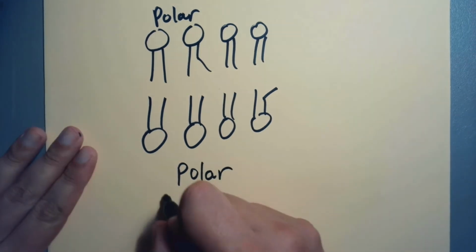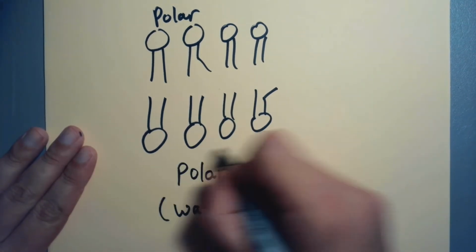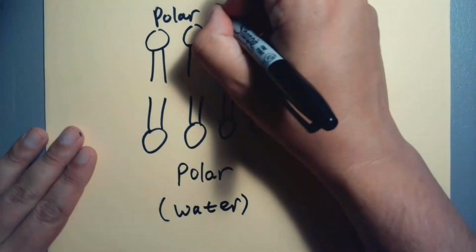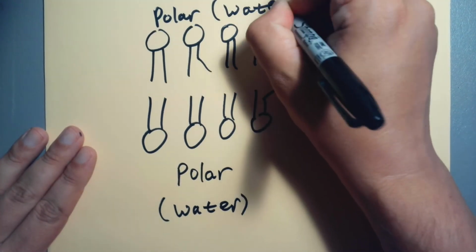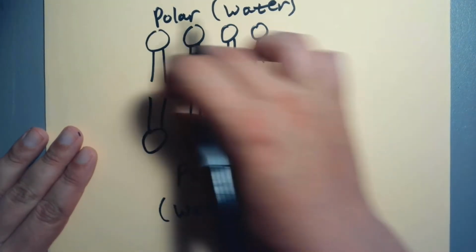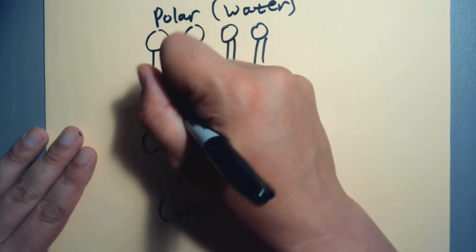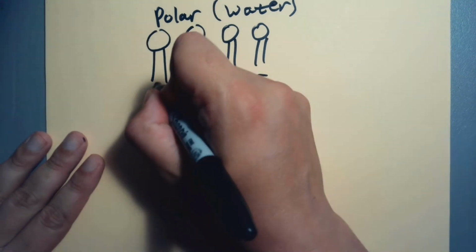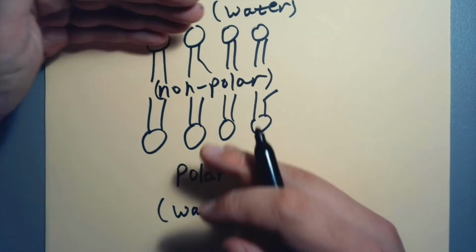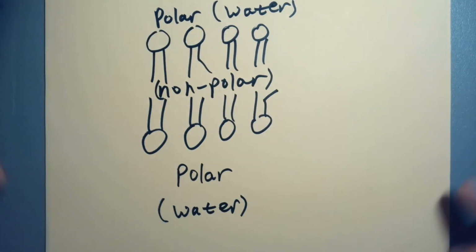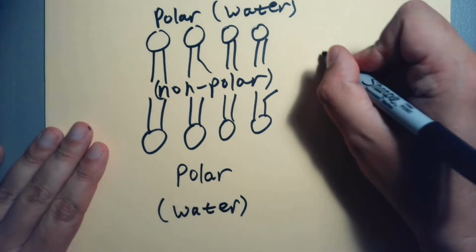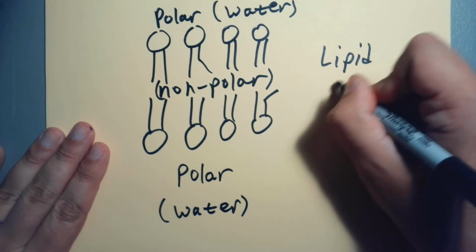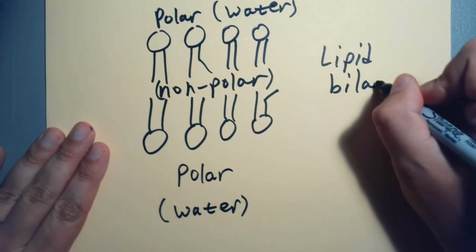And so generally what you're dealing with out here is these polar heads are attracted to water. They interact very favorably with the water. And these tails in here create a non-polar region. And they're going to interact favorably with each other. And so this goes all the way around in 3 dimensions, and you get a cell. And so this is what we call the lipid bilayer.